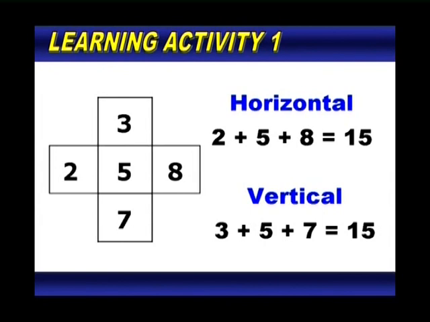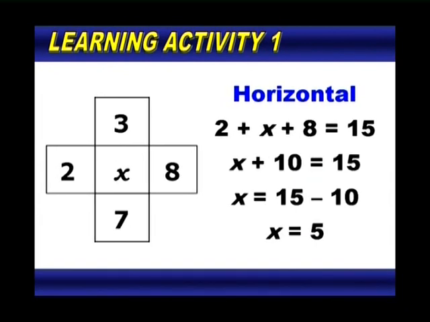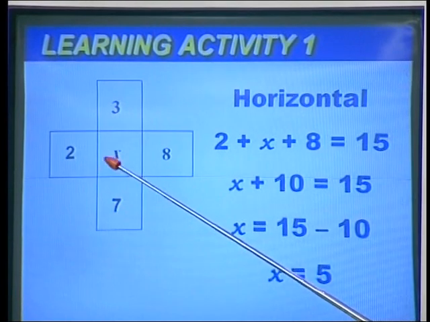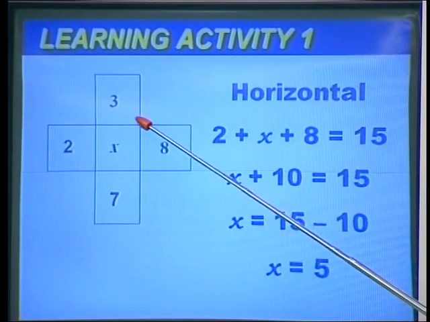Let's look at the next learning activity. This time, I have a letter, a pronumeral X. All right, the pronumeral X here in the two lines. Horizontal line and vertical line.